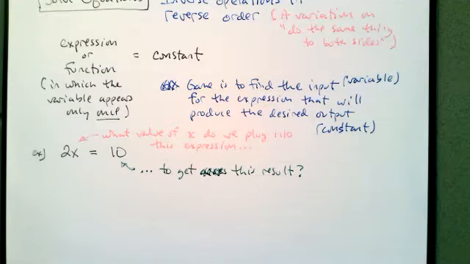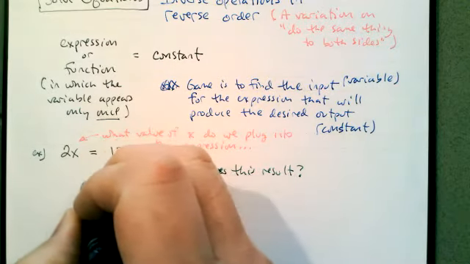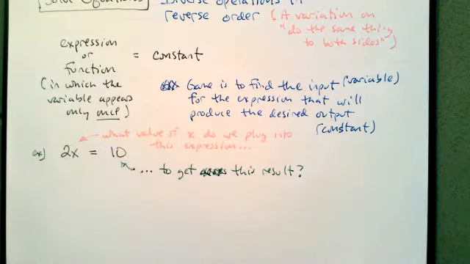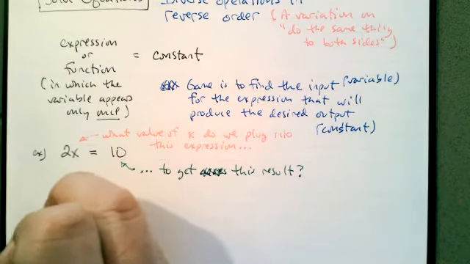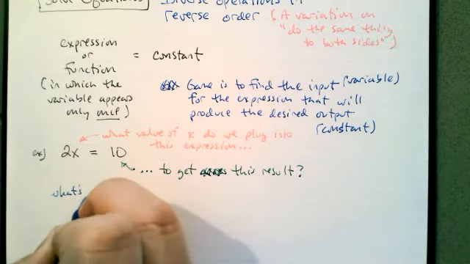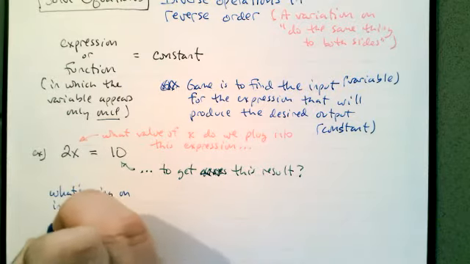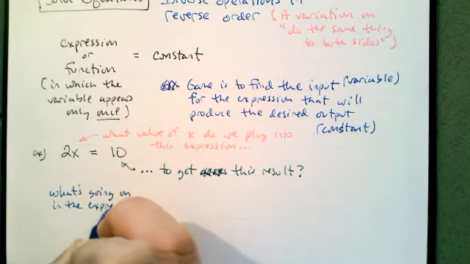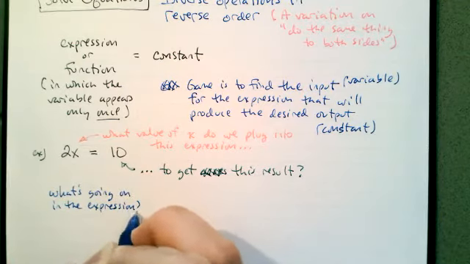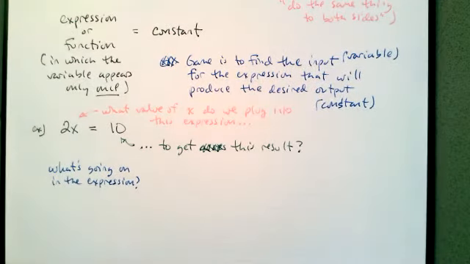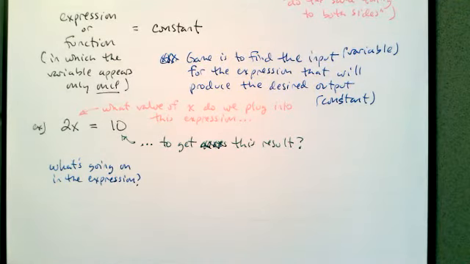So we know that the answer is 5. What we're going to do is I want us to read the expression. I want us to write down what's going on in the expression. That is to say, I want to write down what does the expression do to x to turn it into 10?